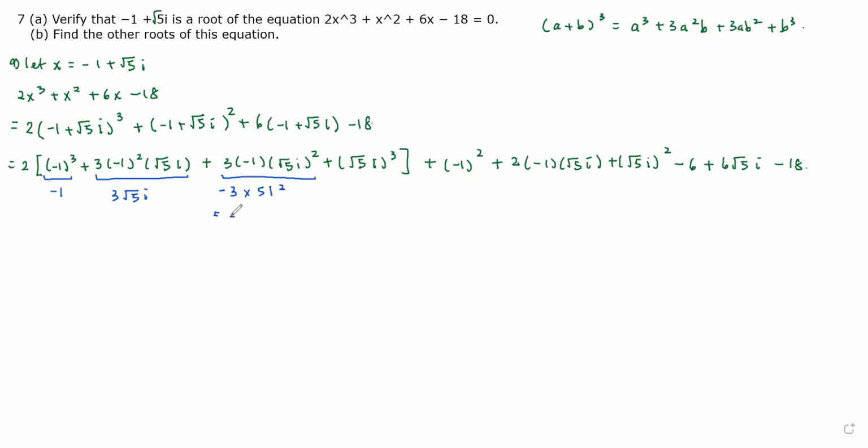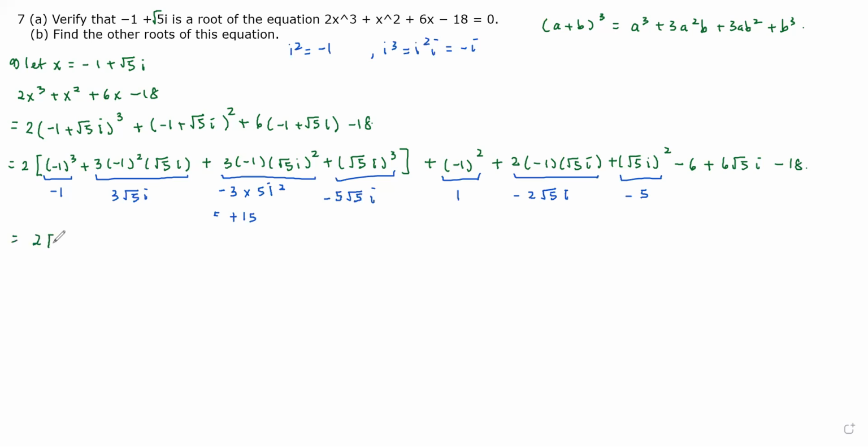So that will be -15i squared, which is positive 15, since i squared is -1. This part is 5 square root 5i cubed. i squared times i is -i. So this is -5 root 5i. This is just going to be a 1. And we have -2 square root 5i. That is 5i squared. So you have -5.